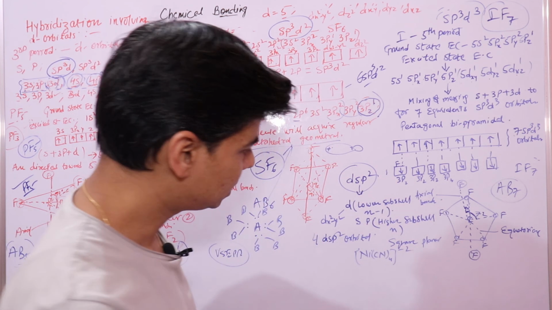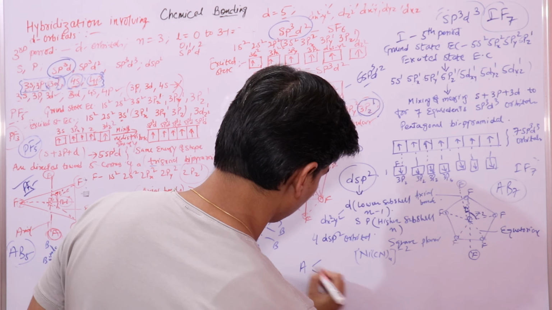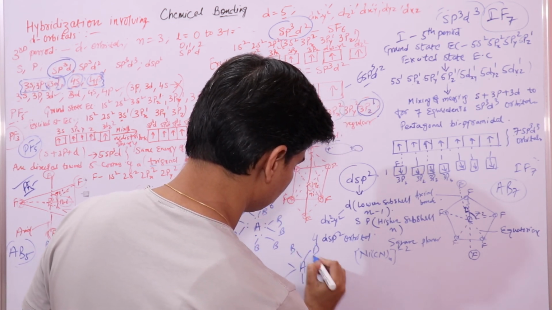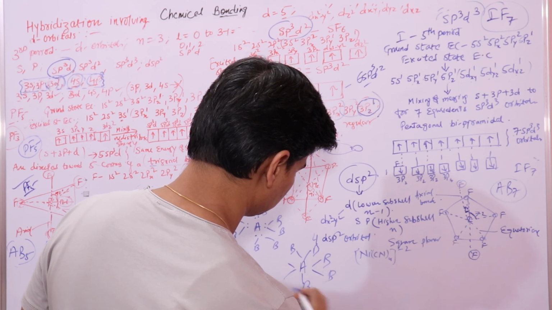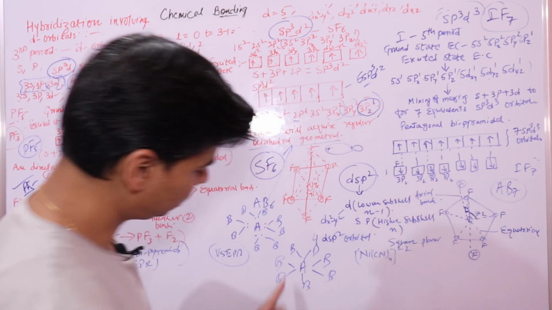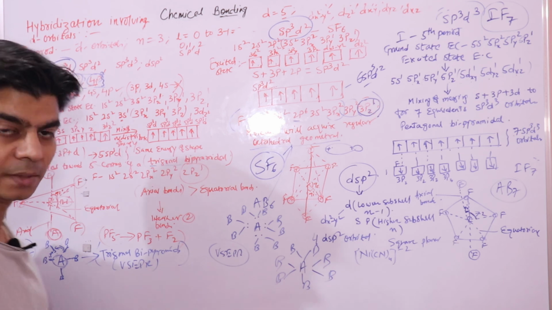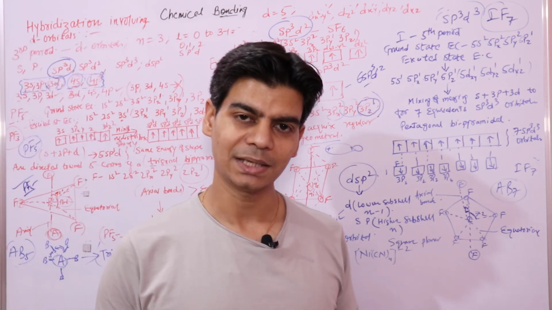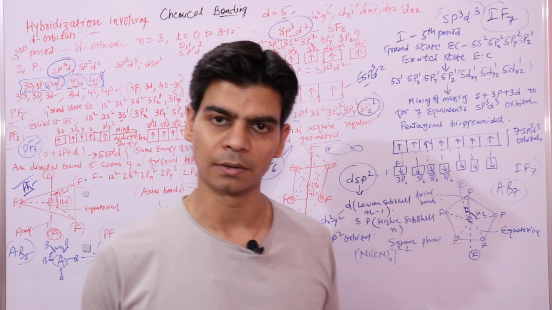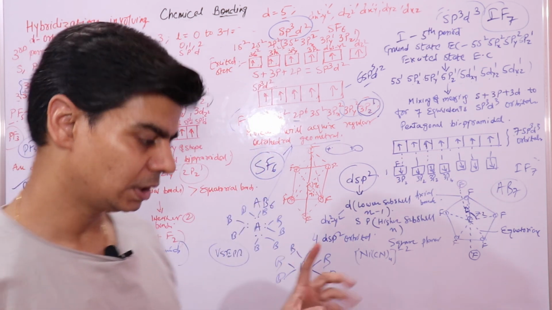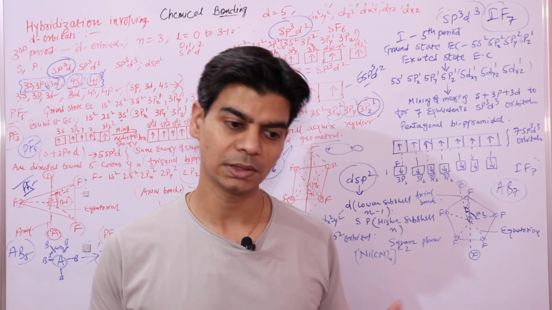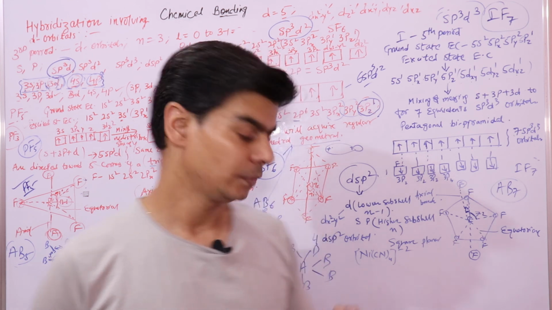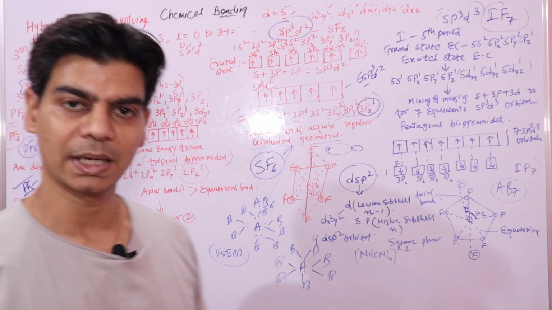All these 7 bond pairs, 1 2 3 4 5 6 7, will repel one another and move away from one another, such that there is minimum or no repulsion between the bond pairs. When there is no repulsion, the energy of the molecule is minimum. When the energy is minimum, the stability is maximum.